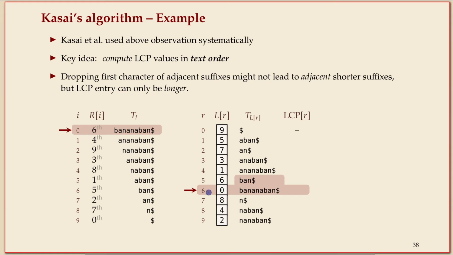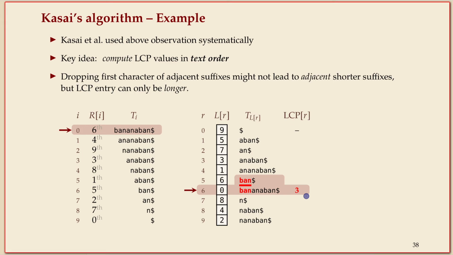So I'm looking at the LCP, the longest common prefix between that suffix and whatever is just before it in sorted order. This is the relevant LCP entry that I'm looking at. And this one I compute naively by comparing characters. So I find B matches, A matches, N matches, then there's a mismatch. So the longest common prefix is 3.